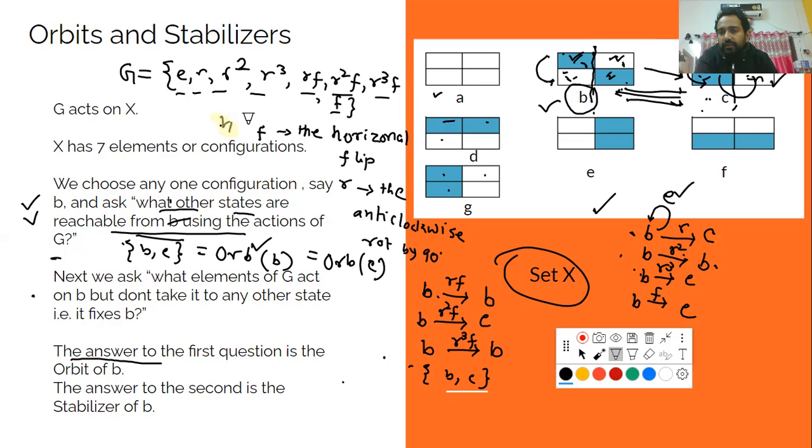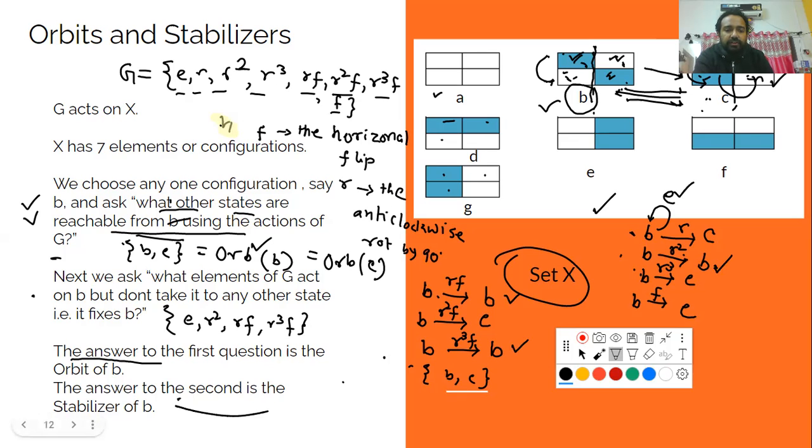E is 1, R square is 1, RF is 1, and R cube F is 1. So this set is going to be E, R square, RF, and R cube F.